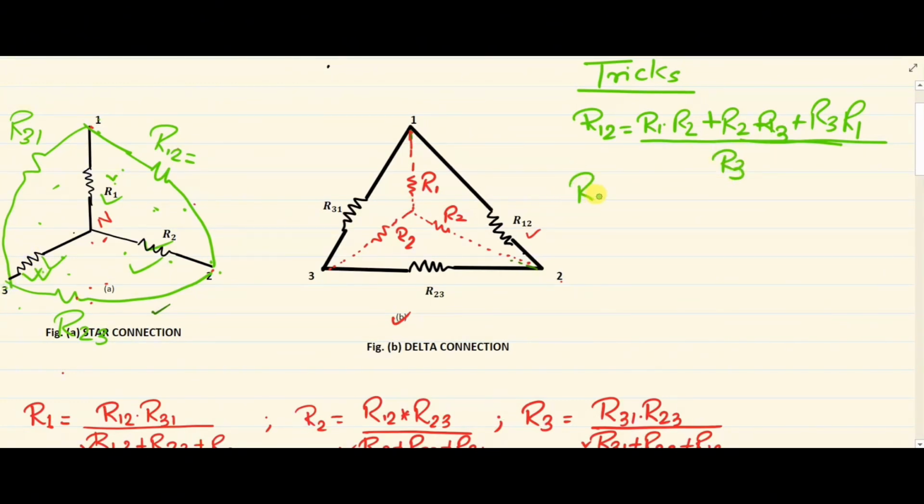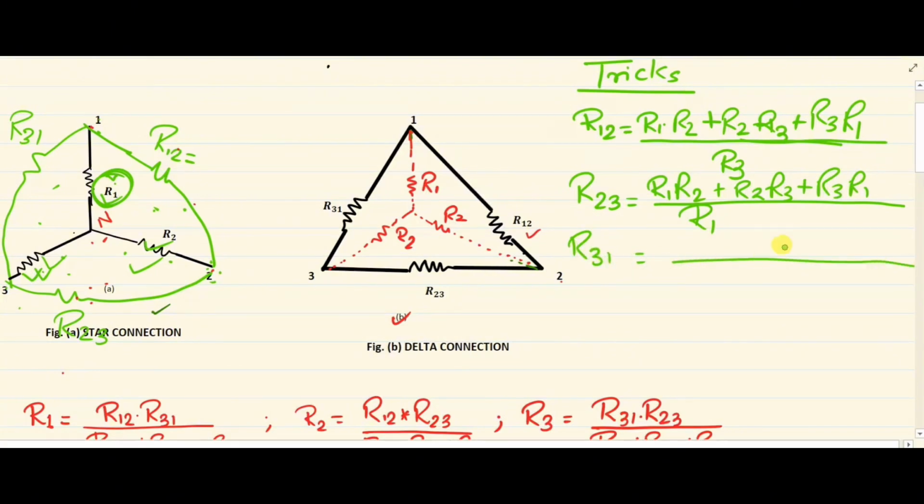Similarly for R23, the numerator will be the same as mentioned earlier, R1 R2 plus R2 R3 plus R3 R1. Again you are looking for the resistor between 2 and 3. The resistor which is not involved is R1, that's why it will be R1. Similarly R31. For R31, again the numerator will be the same, R1 R2 plus R2 R3 plus R3 R1, upon the remaining one. The resistor remaining is this one, so we'll write R2.